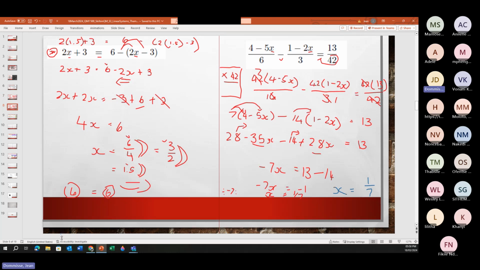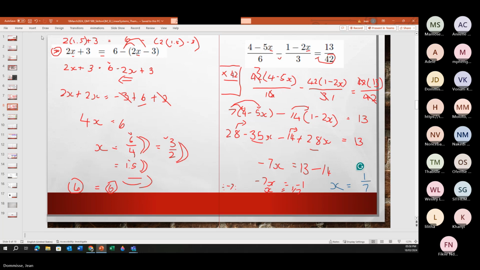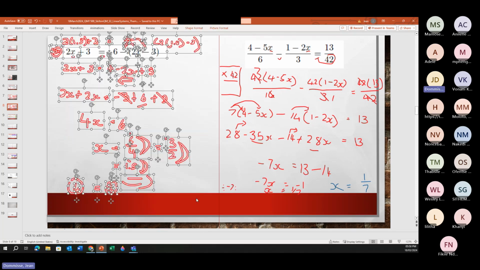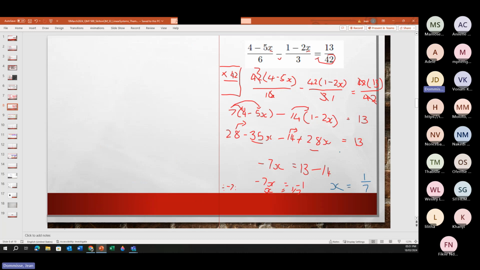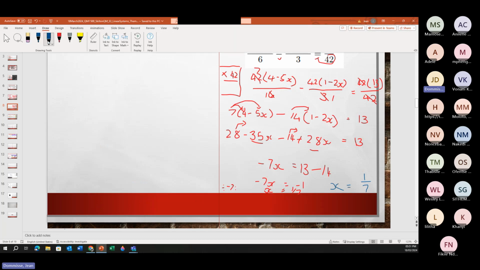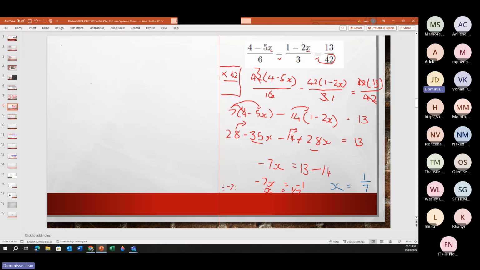Let's say that was the answer and we want to test it. Now we can revise a bit of our previous work as well to see if we can work with the fractions.